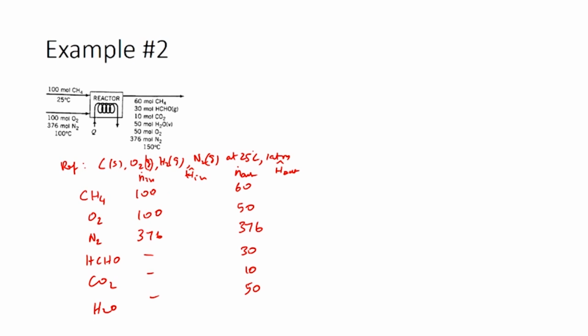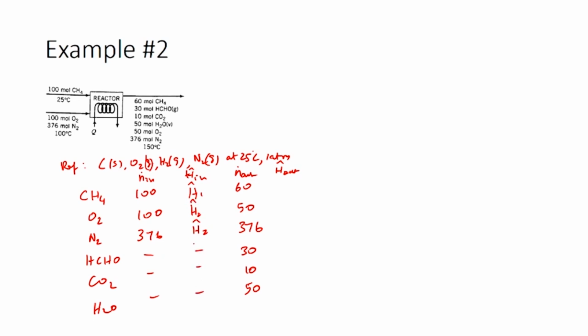Here the inlet stream for methane is at 25 degrees Celsius, so this enthalpy would only account for the formation of methane from carbon and hydrogen. This would be H1 cap, and you would have H2 cap and H3 cap for oxygen and nitrogen, because you are heating them from 25 degrees Celsius to 100 degrees Celsius.